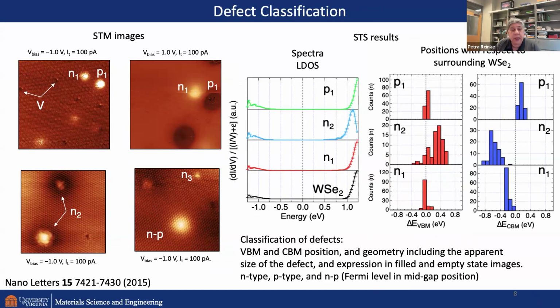How big is their imprint on the apparent height? How are they, in terms of shape, in terms of contrast within the images? And I'll have some comment on contrast in empty or filled state images in a moment. Are they P or N-type? And then we classify them accordingly.